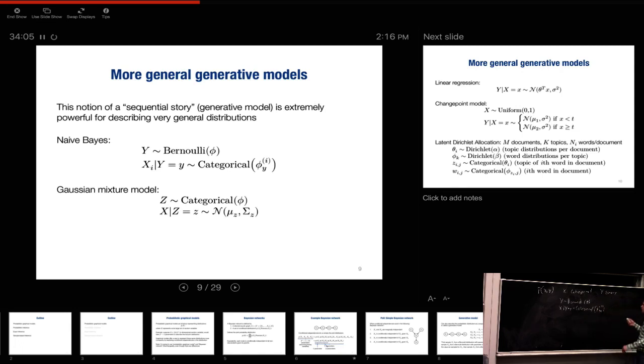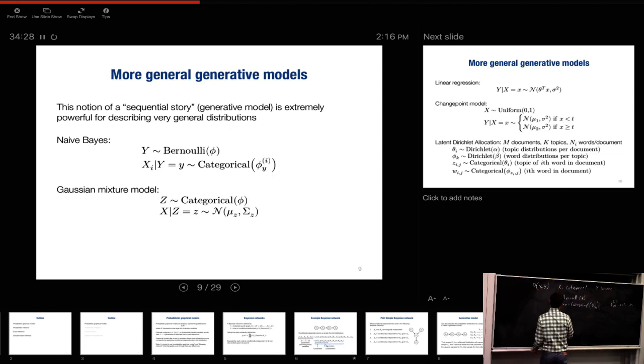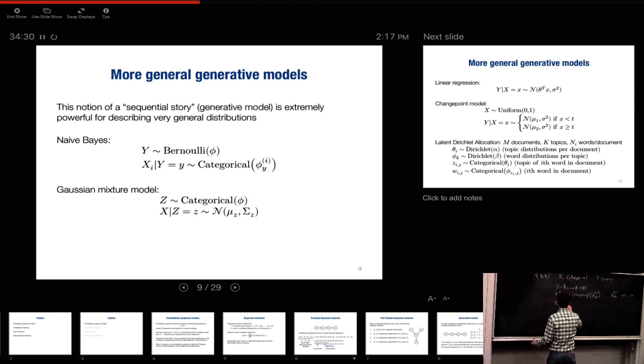So the parameters of this distribution would be phi_{i,0} and phi_{i,1}, for i equals 1 to n, where n is the number of x variables that we have. We're not going to talk about how you do prediction based upon this, but if you want to predict the probability of y given some observed x, you can compute that using Bayes' rule.